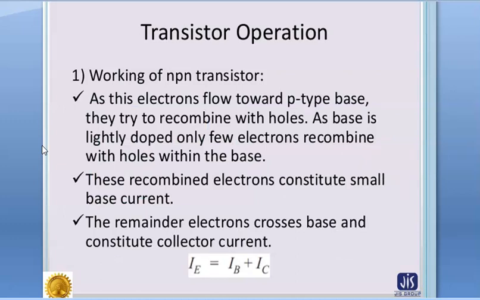As these electrons flow towards the P-type base, they try to recombine with holes in the base region.